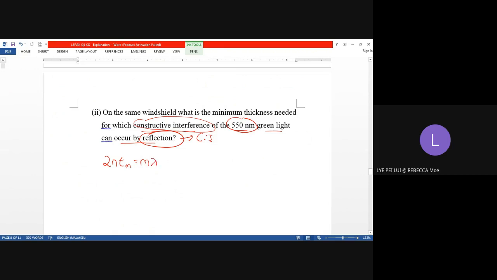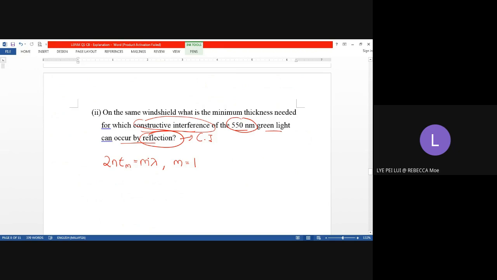When the order m equals 1, we cannot substitute 0 because then we cannot calculate any value.